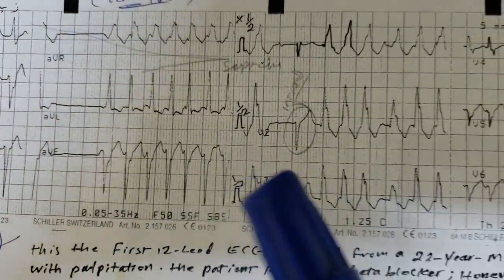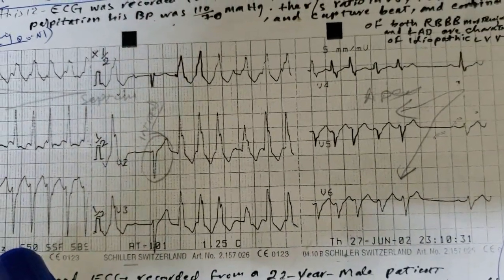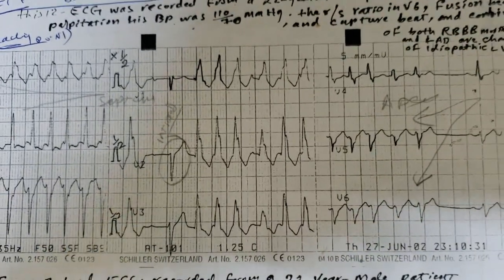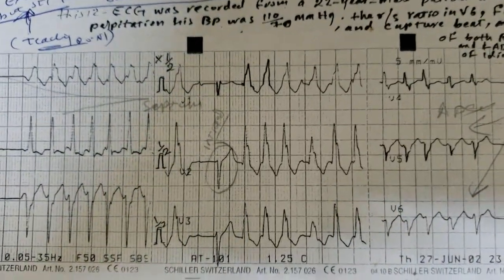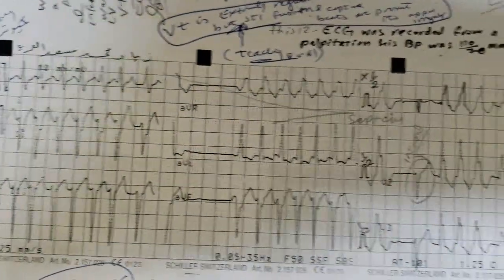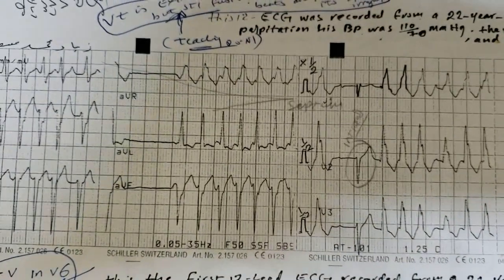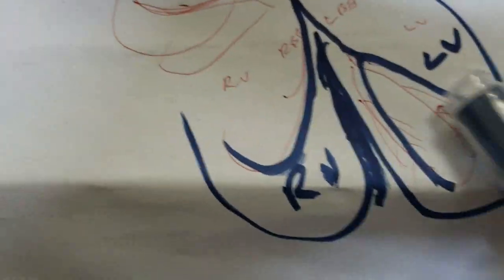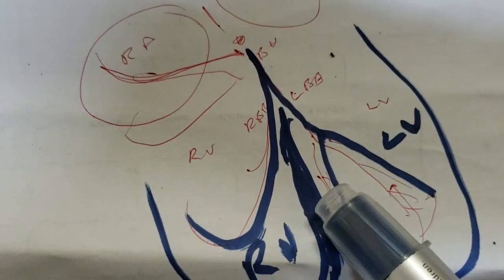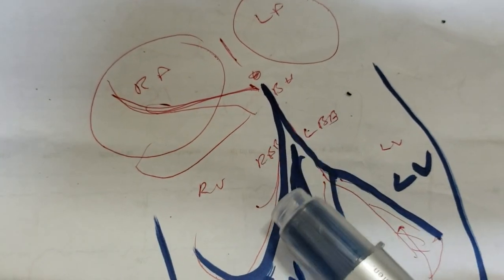But what sort of VTAC is it? This was the confusing item. In a young male patient, it is a fascicular VTAC that initiated. Suppose this is the left ventricle, this is the left anterior fascicle, this is the left posterior fascicle, this is the left bundle branch, and this is the right bundle branch.